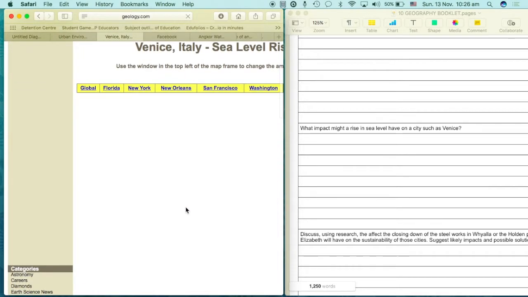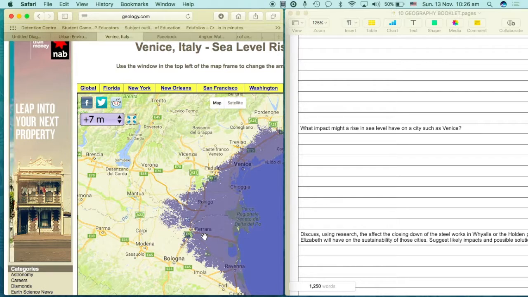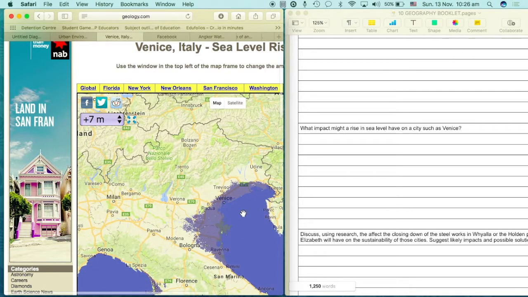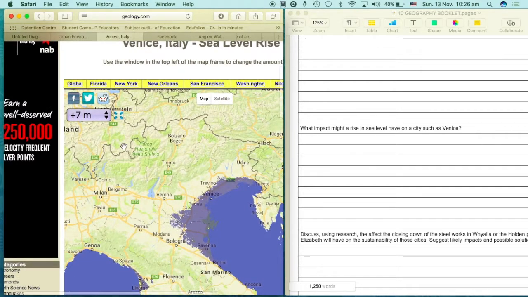So what you'll find in the booklet is that the information that you're writing about each week builds on the stuff that you've done in the past, which is why it was important that you kept up to date with it. Okay, so what we've got here, you can see this blue line here. So this is the prediction if the sea level rises 7 meters.